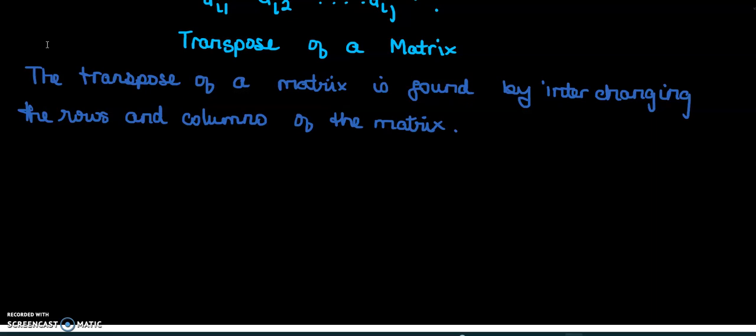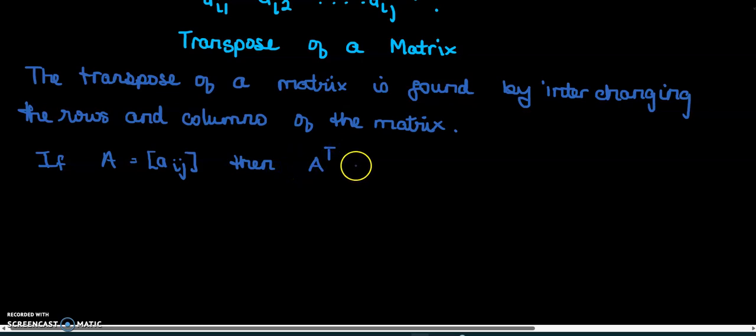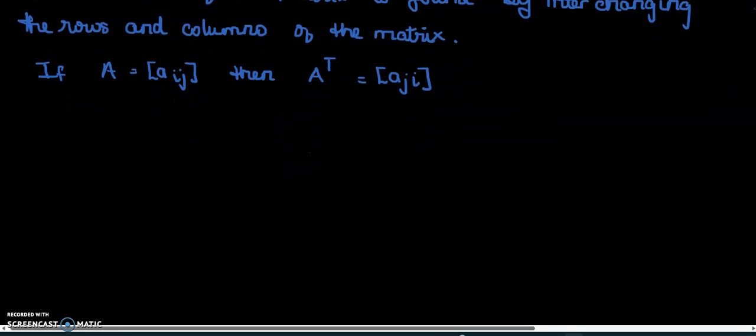So let's say we have a matrix A which is equal to Aij, then the transpose of the matrix A, A raised to the power of t, is really equal to Aji. So we are interchanging the rows and the columns. So let's now look at an example.